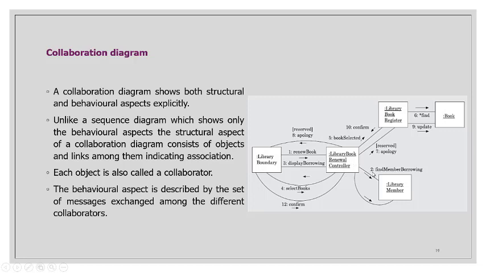Then it checks whether the library member is available or not. Then it displays the borrowing information. Then it selects the book which he would like to renew, and sends the selected book to the register. Then it tries to find out whether the book is available or not.